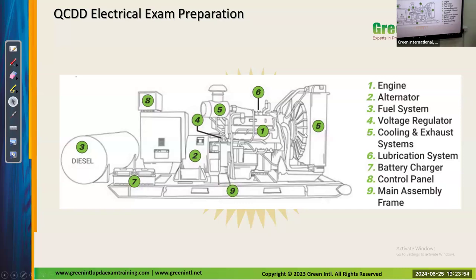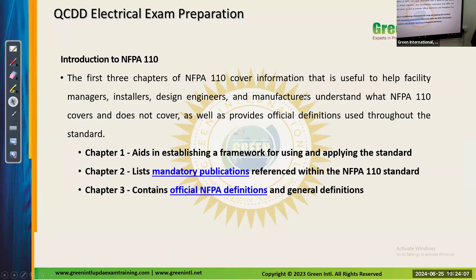Throughout the systems, all the parameters and different chapters we need to discuss here. In general, the first 3 chapters are not related to the exam, but after getting the license, we need to work with them.